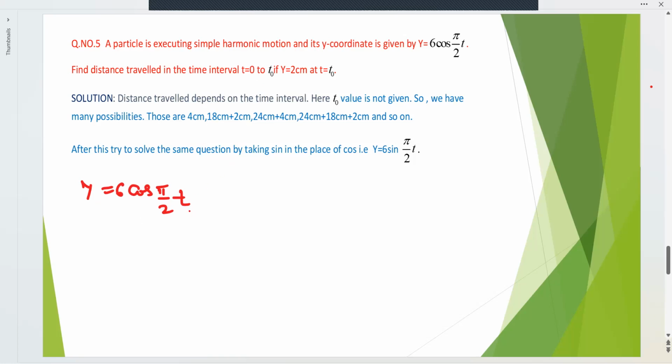When you put t equals 0 here, the y value equals 6. That means it is at the right extreme position. I am drawing it here.